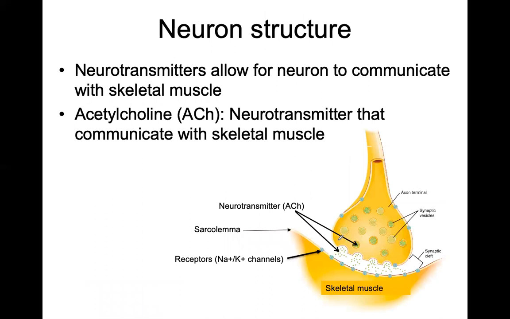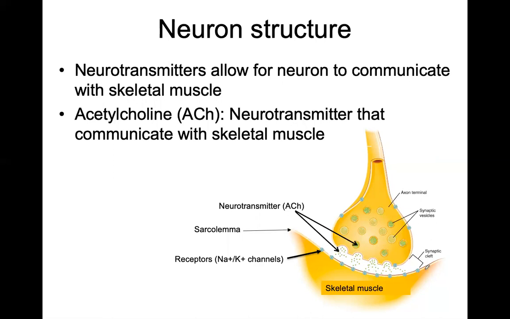Here is the depiction of how a neuron communicates with a skeletal muscle. You have your axon and your axon terminal. These vesicles carry your neurotransmitter ACh, or acetylcholine. The neurotransmitter gets released into the gap between the skeletal muscle and the neuron.